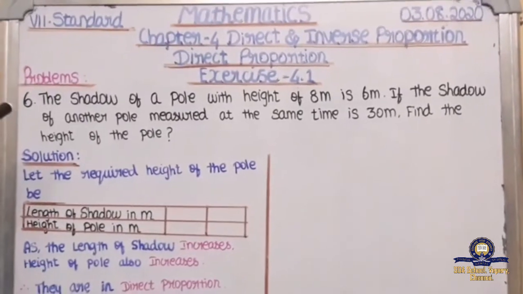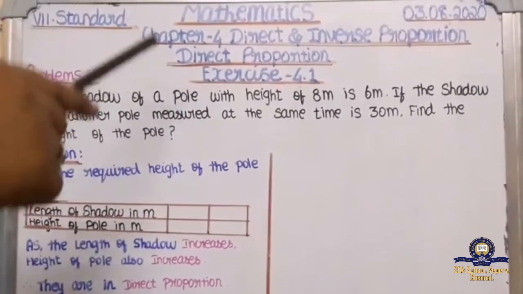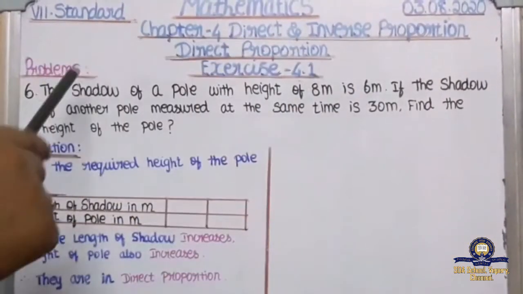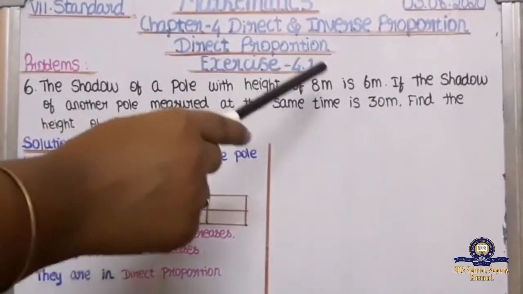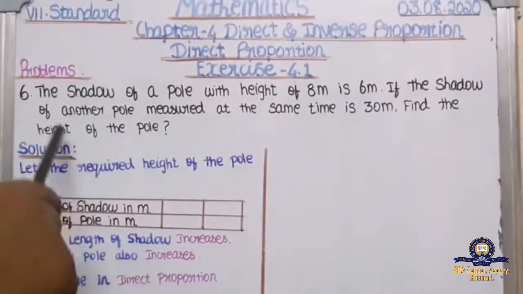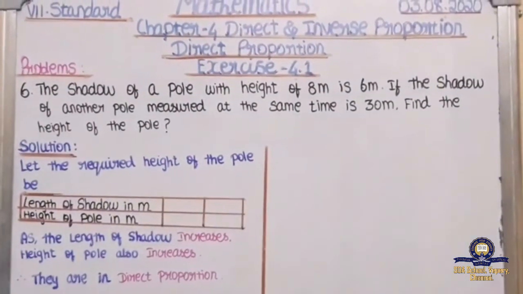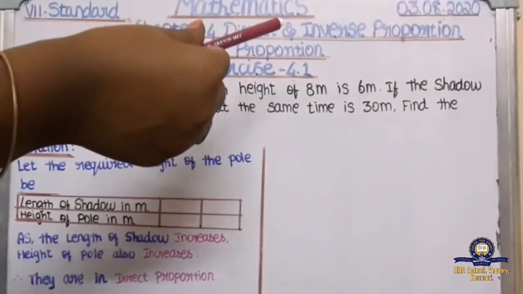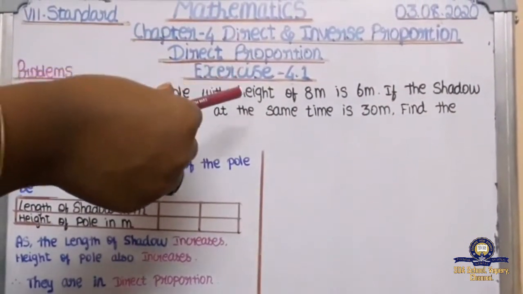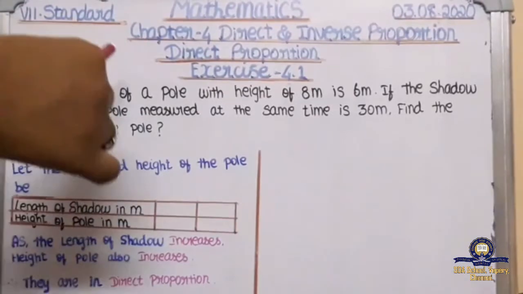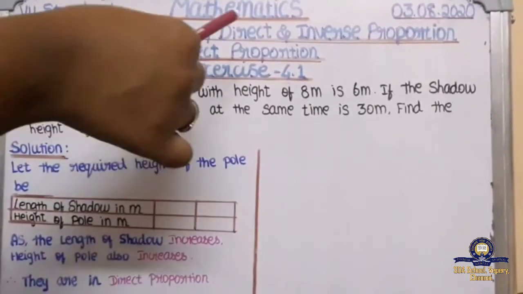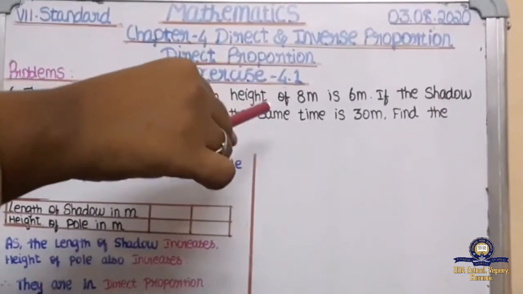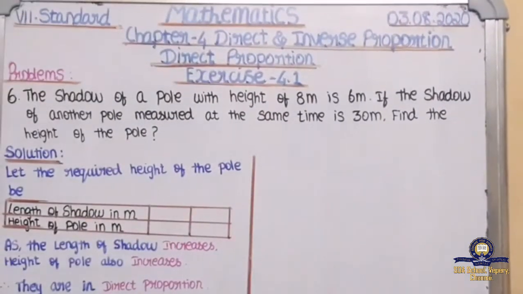The next problem given here is: the shadow of a pole with height of 8 meter is 6 meter. If the shadow of another pole measured at the same time is 30 meter, find the height of the pole. So here they gave the length of the shadow as 6 meter and the height as 8 meter. If the shadow of another pole measured at the same time is 30 meter, that means the length is 30 meter, we need to find the height of the pole.